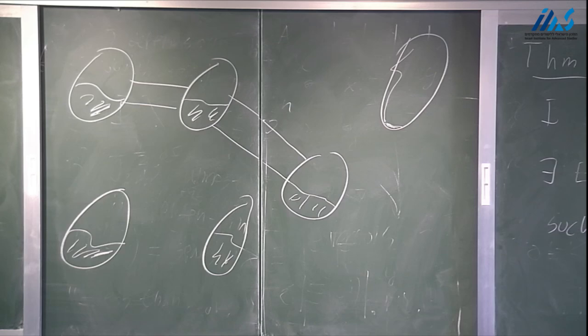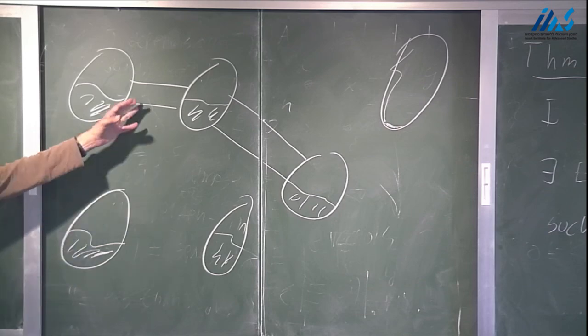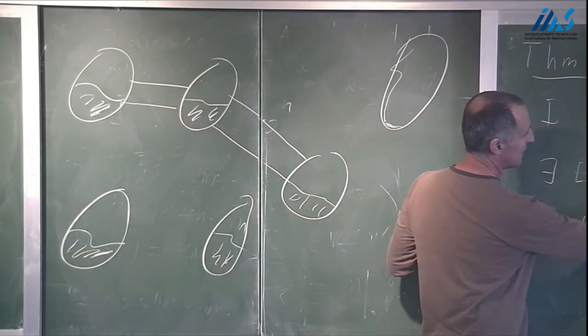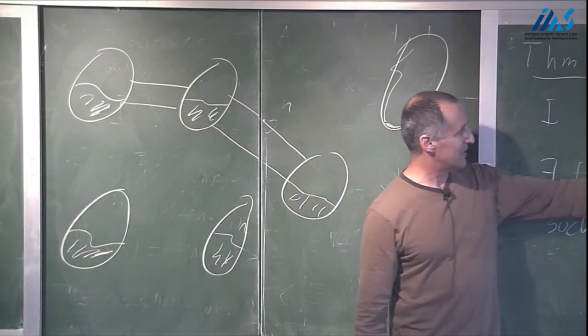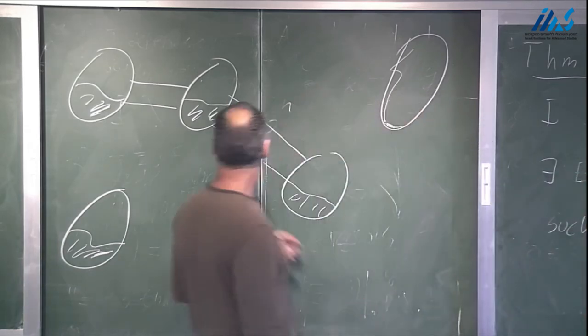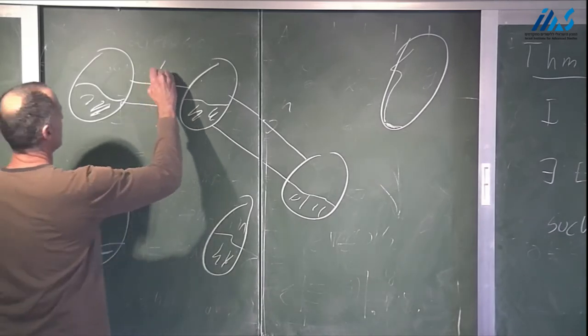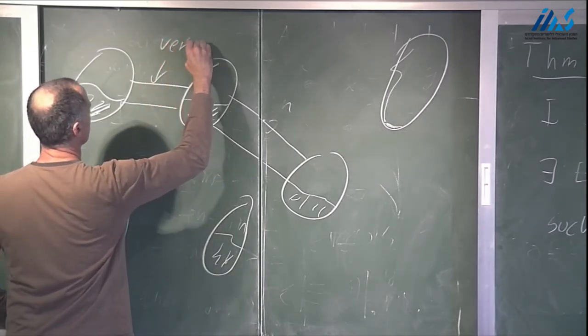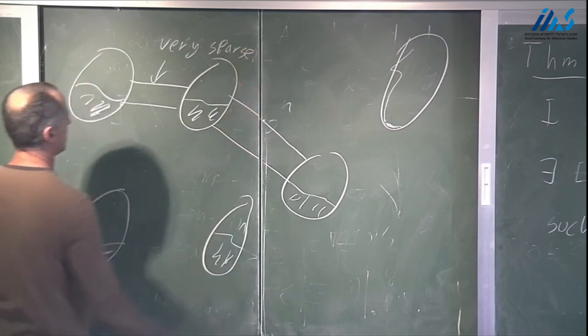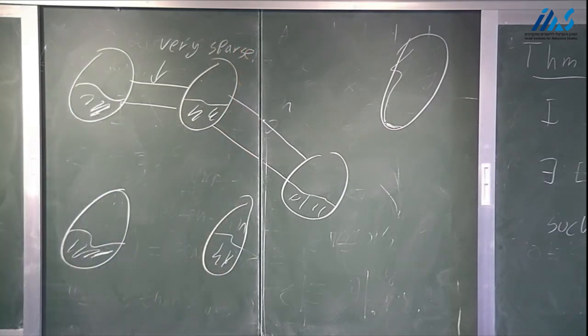So what we're going to say is, I know there are edges in here, but there are very, very few edges, because my set, I'm going to make delta very, very, very small. And therefore, this is very sparse. So there are very few edges in here.